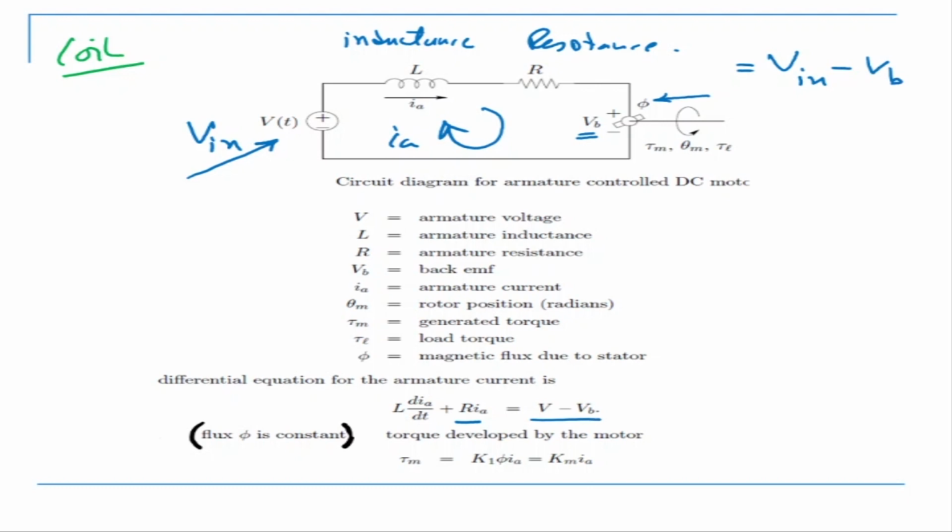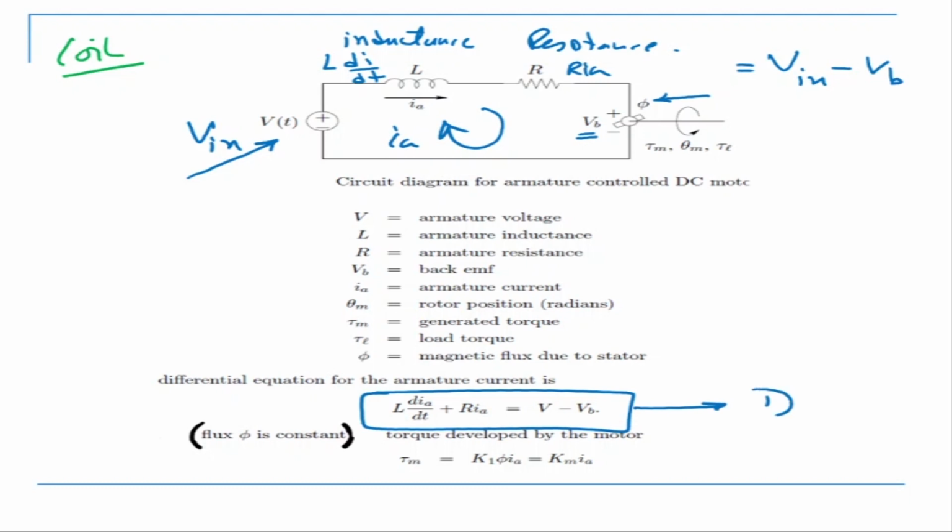So here it becomes L di by dt, and here it is R into Ia, and the effective voltage is V minus VB. So this is one equation that I have. Let's call this equation 1, which is for the armature.